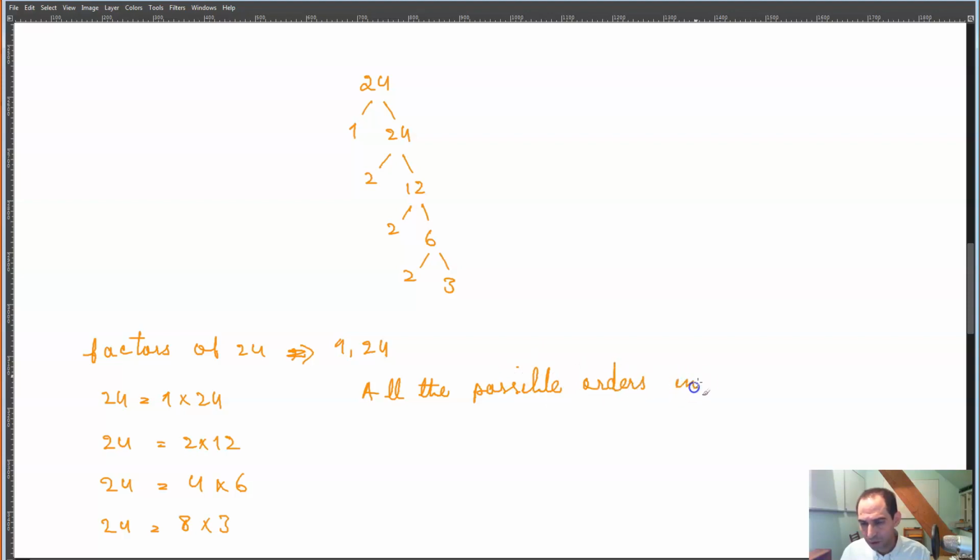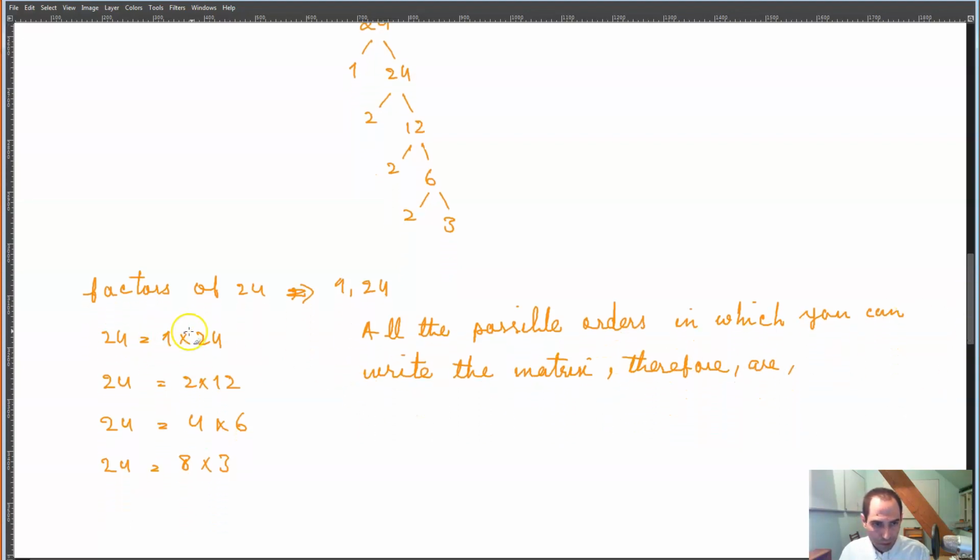Now all the possible orders in which you can write the matrix are as follows. Of course you could write it as 1 by 24, or 24 by 1, because 1 times 24 is 24.